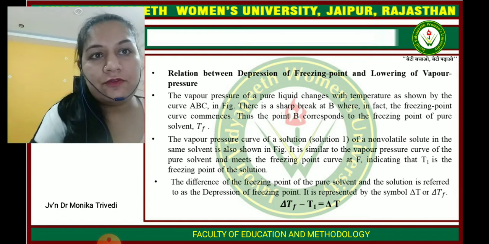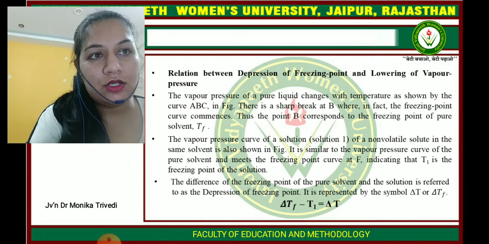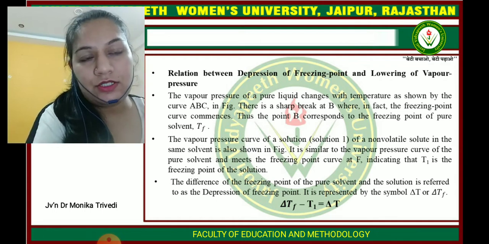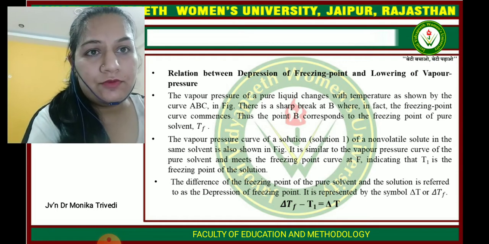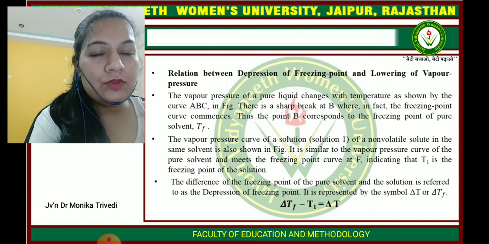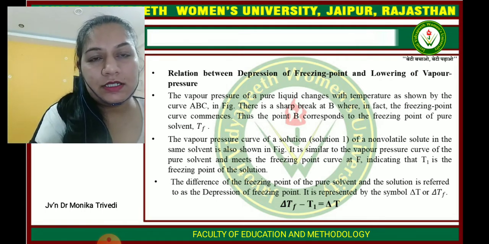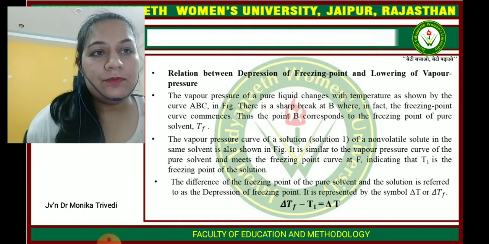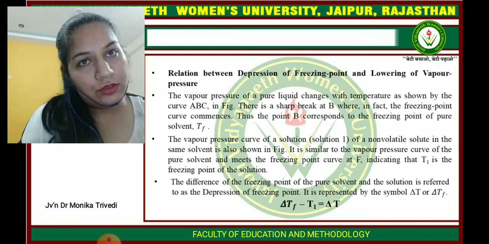The vapor pressure curve of solution 1, with a non-volatile solute in the same solvent, is similar to the vapor pressure curve of the pure solvent and meets the freezing point curve at point F, which is indicated by T1, the freezing point of solution 1.